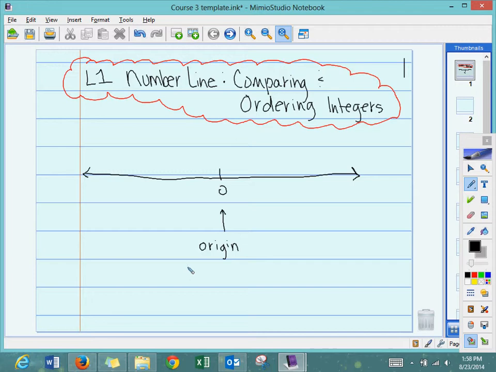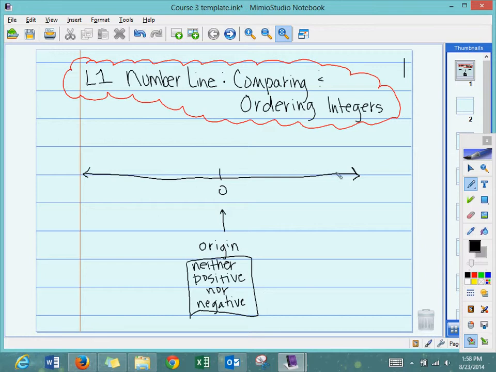Another thing to note is that 0 is neither positive nor negative. Okay, so it's kind of like Switzerland. It's neutral, just kind of sits there in the middle.